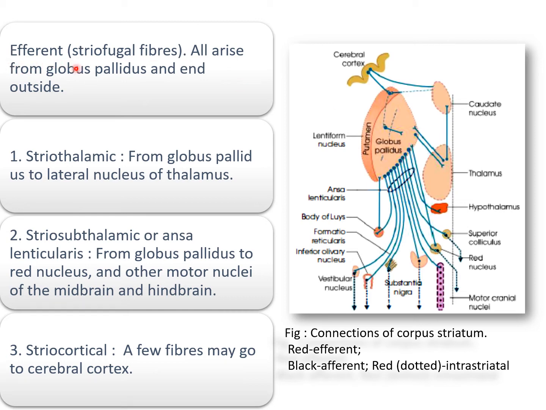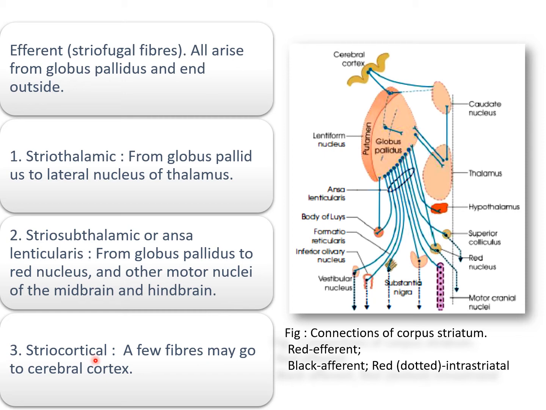Then the efferent connections, the striofugal fibers. All arise from the globus pallidus and end outside. Striothalamic, from the globus pallidus to the lateral nucleus of the thalamus. Then subthalamic, or ansa lenticularis, from the globus pallidus to the red nucleus and other motor nuclei of the midbrain and hindbrain.